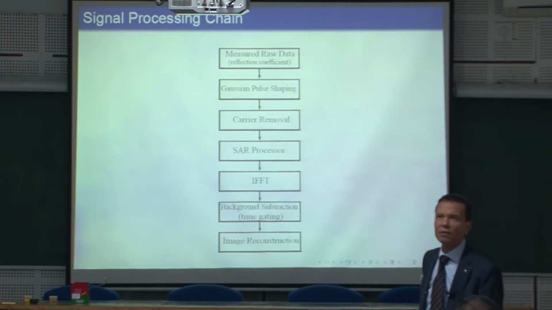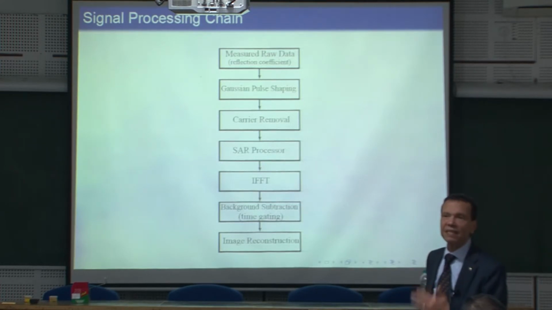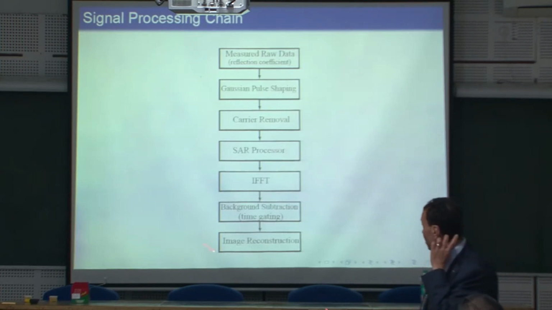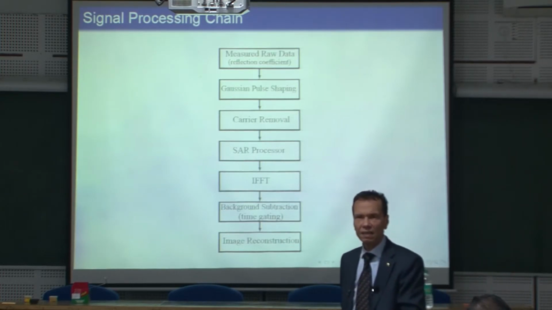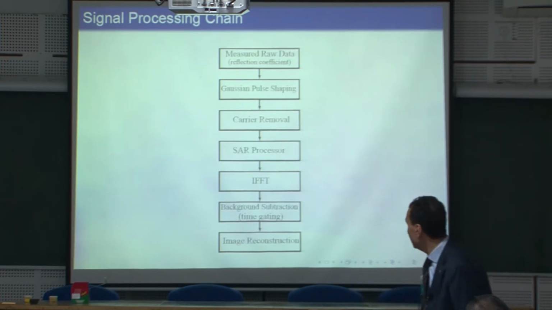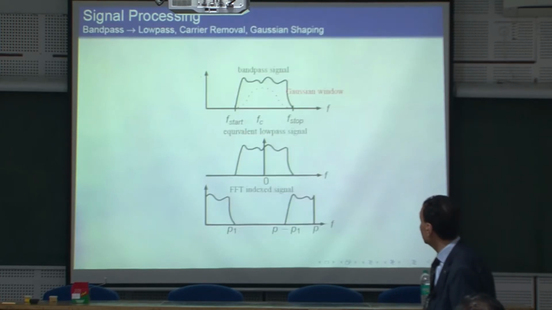Now, of course, I have discrete in time and in space, so I have X, Y, and T. T will be interpreted as Z, like we discussed before. Then this background subtraction, which I told you before. If you have high reflection between the air and the ground, you subtract it in order to improve the dynamic range. And this is the image reconstruction.